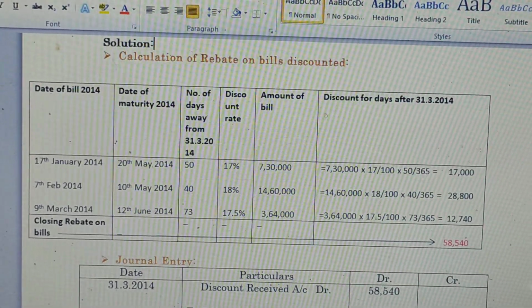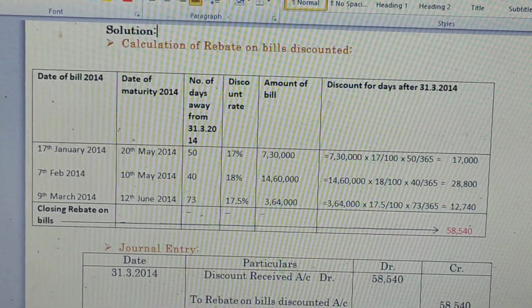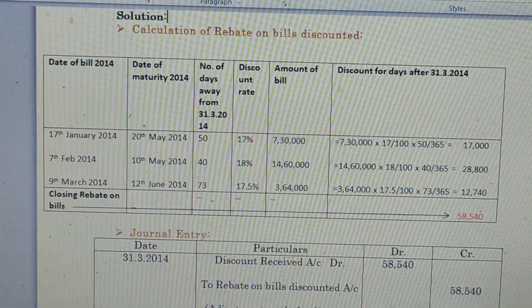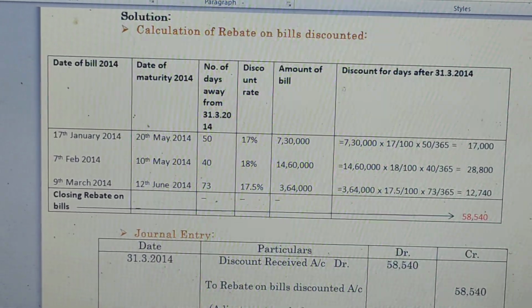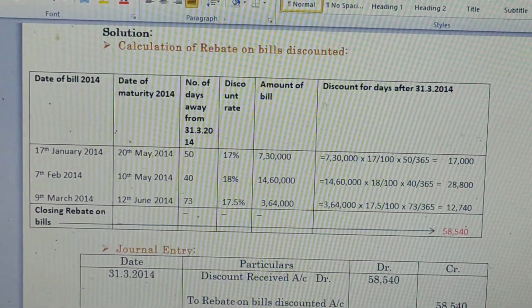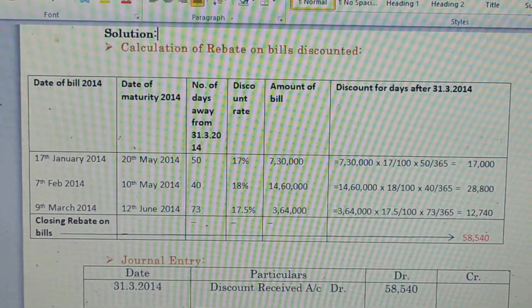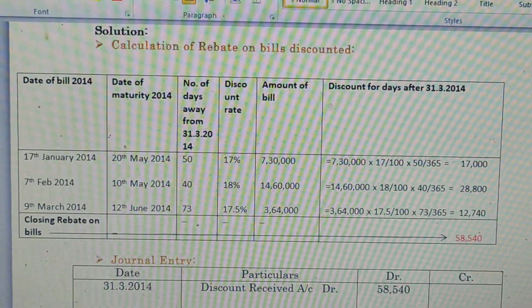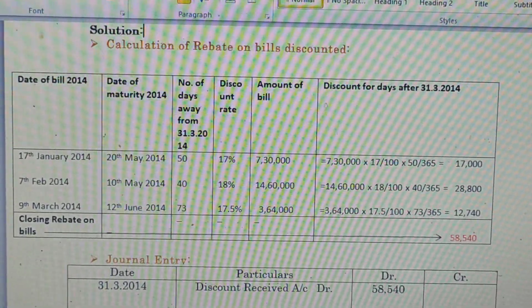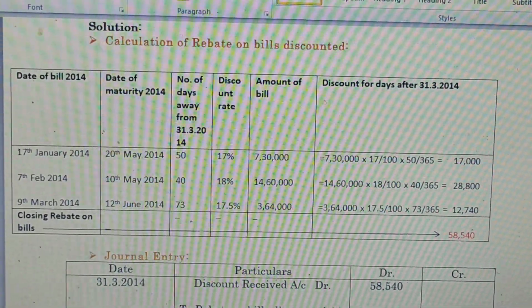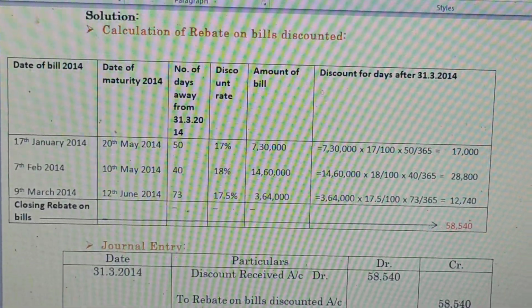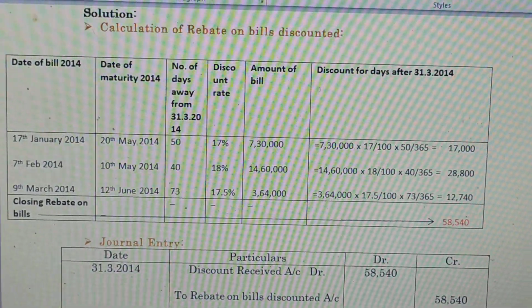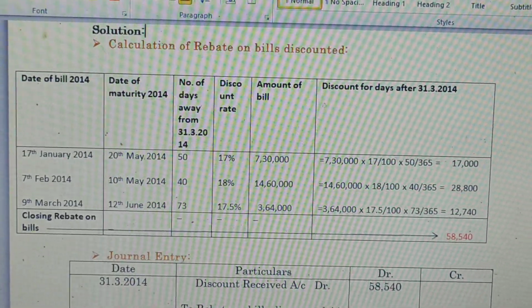In the date of bills column, first we mention the bill's created date. The first category: the bill's created date is 17th January 2014. The date of maturity, meaning the due date, is 20th May 2014, and the number of days away from 31st March 2014, the opening date, is 50. The discount rate is 17% and the amount of bill is rupees 7,30,000.